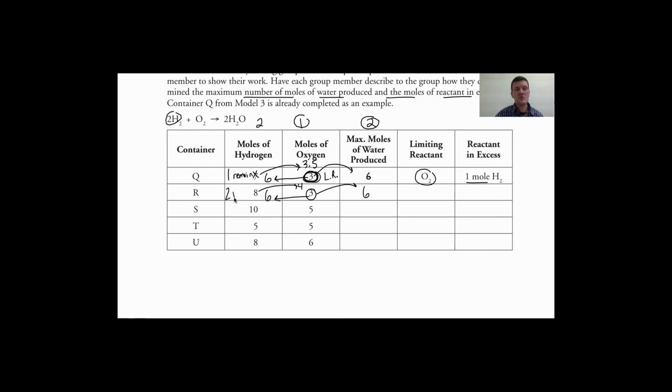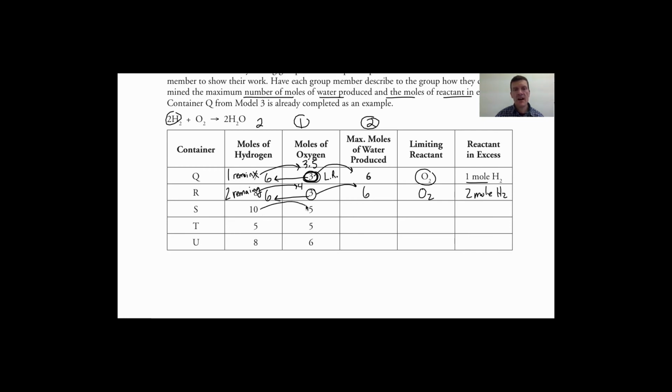I'm going to have 2 remaining of the hydrogen. Oxygen again is limiting, with 2 moles of hydrogen left over. Alright, let's continue. If I have 10 of hydrogen, I would need half of that in oxygen to consume all the hydrogen.